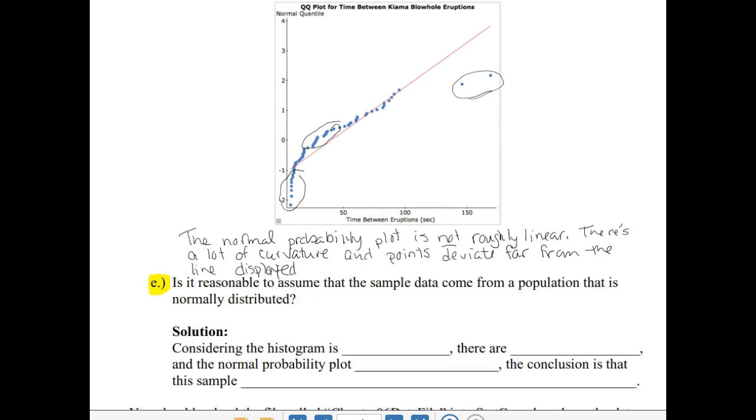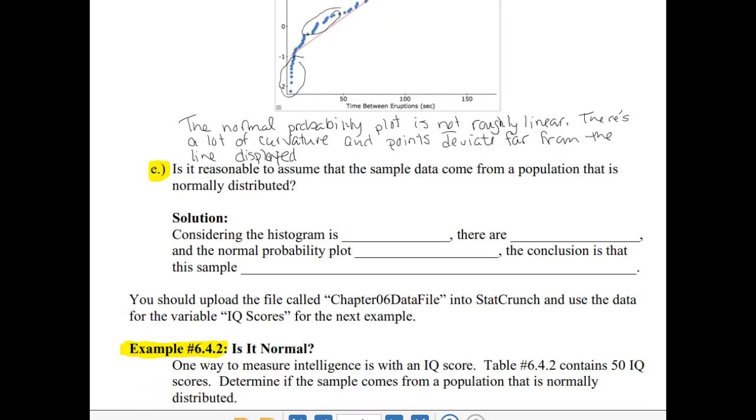All right, so putting all those pieces together to answer the question, is it reasonable to assume that the sample data came from a population that's normally distributed, we would say, considering that the histogram was skewed right, so not bell-shaped, and there are two extreme outliers, and the normal probability plot does not look linear.